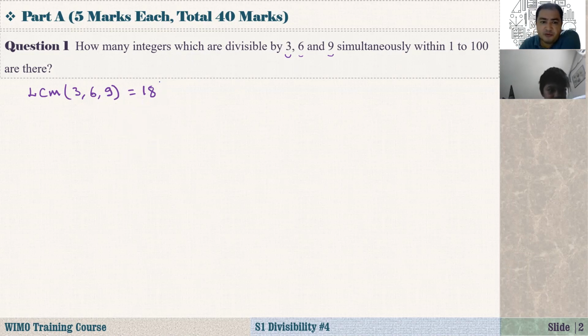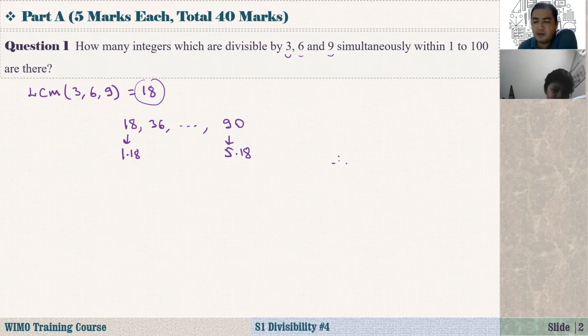So here we have 18, 36, and the last number is 90, which means that 18 is 1 times 18 and 90 is 5 times 18. So how many integers do we have from 1 to 100 which are divisible by 3, 6, and 9 simultaneously? It is 5.